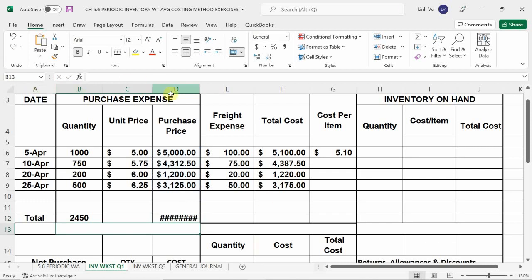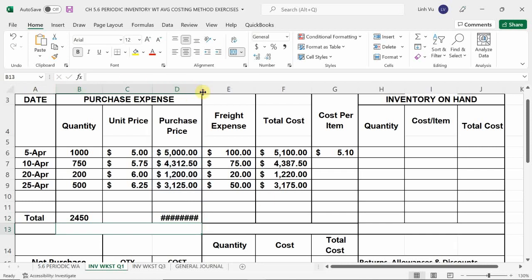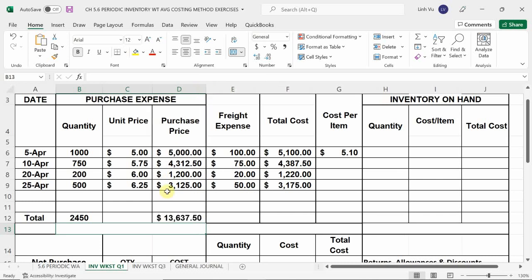Good. Okay. And of course, we had a freight of 245, which yielded us 13,882.50, right? Same scenario that we did last time.